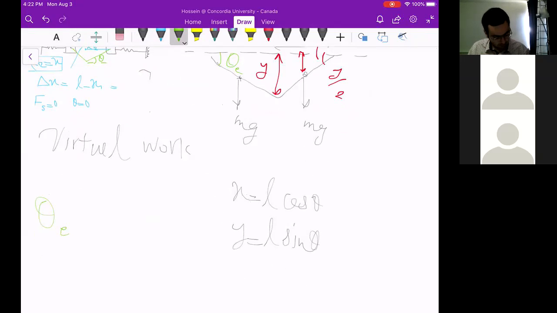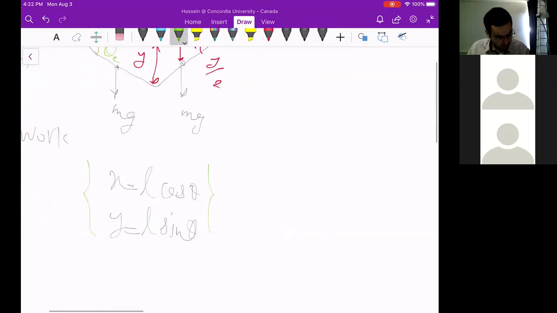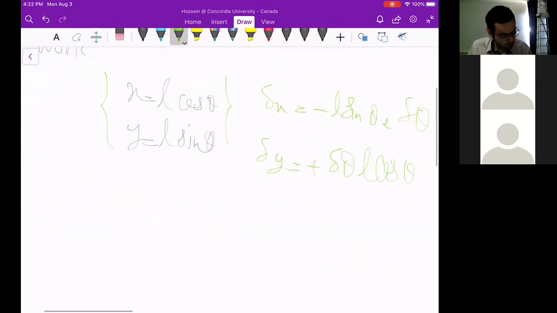Once you have these two, you could obtain the variation: delta x is minus L sine of theta E delta theta, and delta y is positive delta theta L cosine theta. According to the principle of virtual work, the summation of all virtual work is 0.